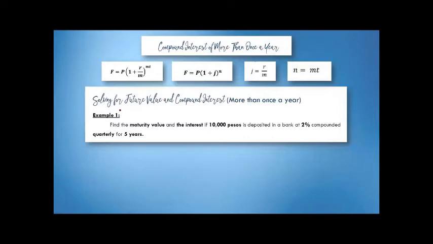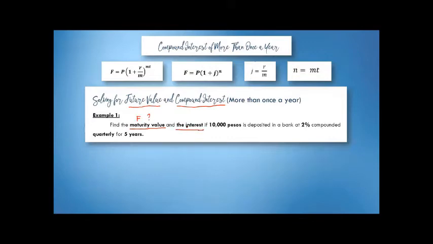We're going to solve for the future value and the compound interest amount if the rate is applied more than once a year. Example number 1, find the maturity value. So that is F and the interest.